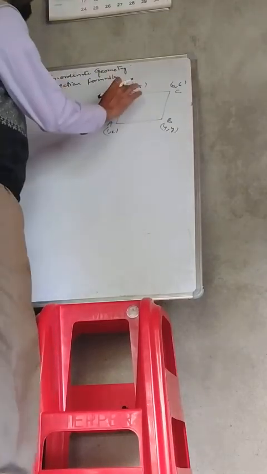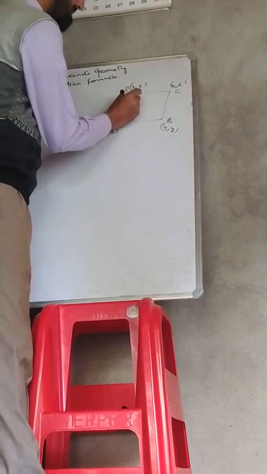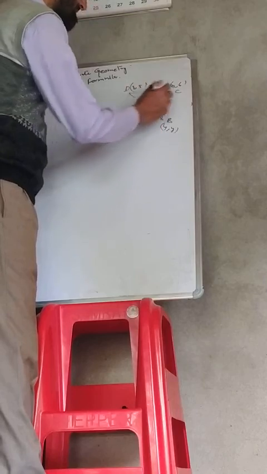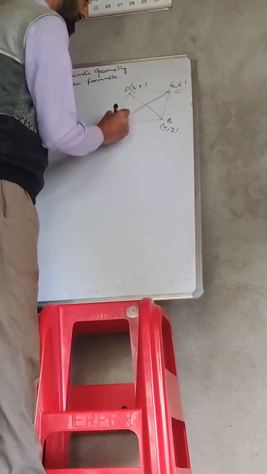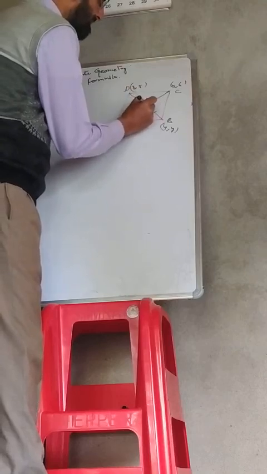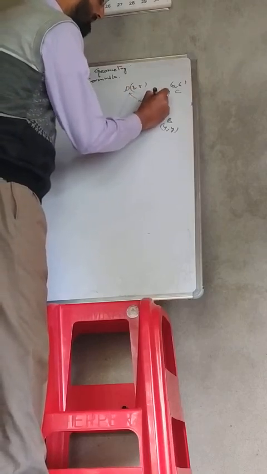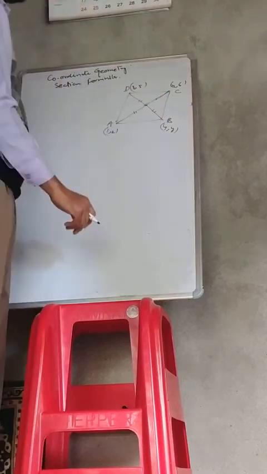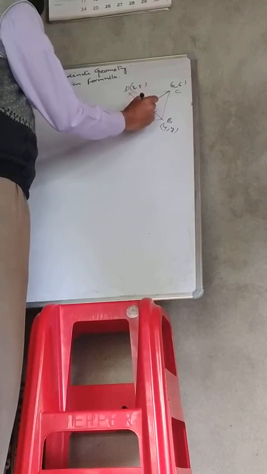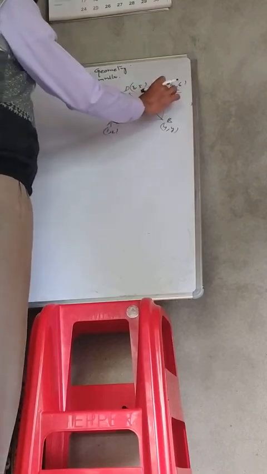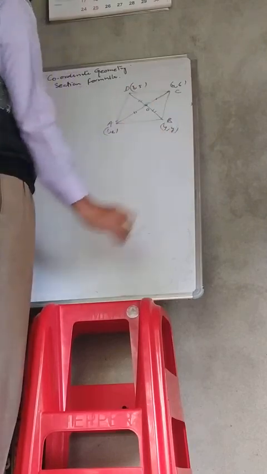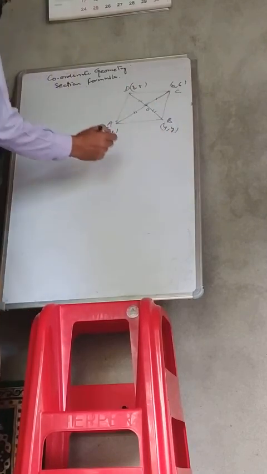Now, since one property of this parallelogram is that the diagonals of a parallelogram bisect each other, again we will apply this section formula. When the diagonals bisect each other, the sections are equal. Suppose this is O, this AO is equal to OC, and this DO is equal to OB. So both sections are equal. That is very simple.